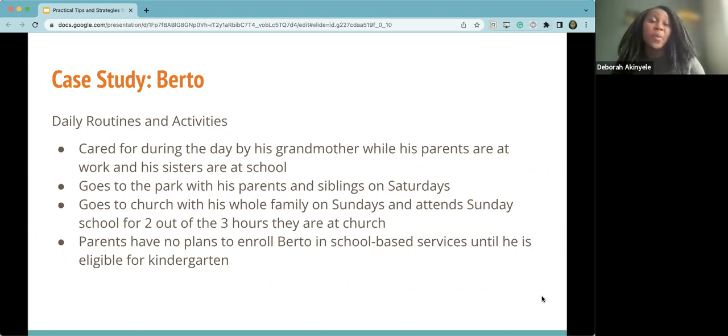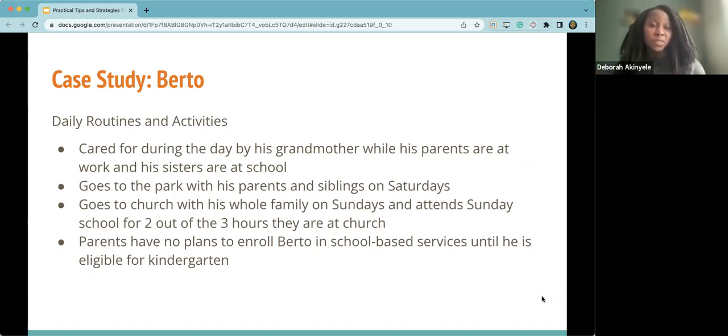For instance, if this is a predictable part of the routine, is he typically initiating some type of communication to let his parents know that he'd like to go to the park? Is he participating in the process of getting ready to go to the park? And when he's transitioning out of the park, what does that look like?